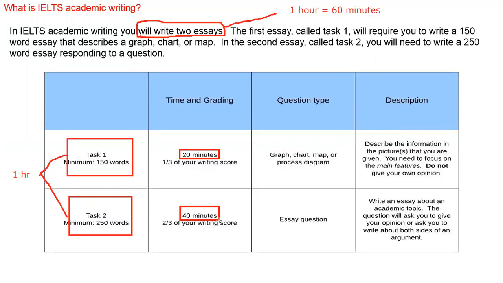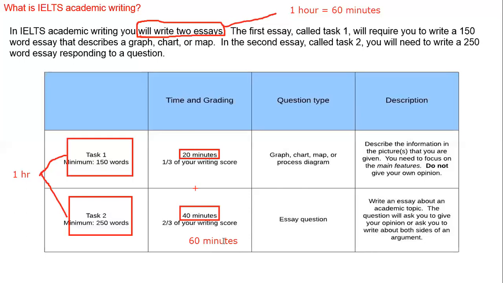If you add both of them, 20 plus 40, you get 60 minutes for both tasks. So combined, we will have 60 minutes. What I suggest is that you spend 20 minutes on task 1, because you will be given both tasks at the same time.